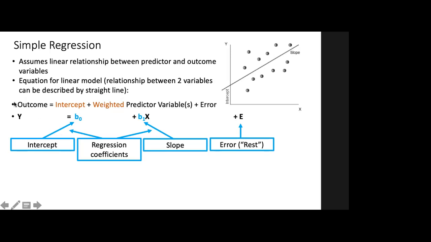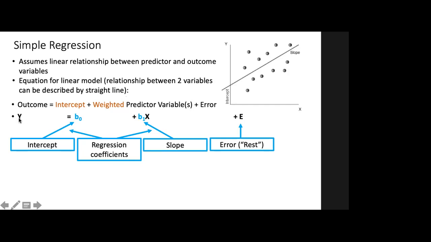When we say our regression model is a straight line, we conceptualize that as follows, right? We are calculating our outcome, the value of our y variable, as some intercept term plus the weighted predictor variable, or variables. It can be more, but right now for simple linear regression, we're focusing only on one, and some error term, something that remains unexplained.